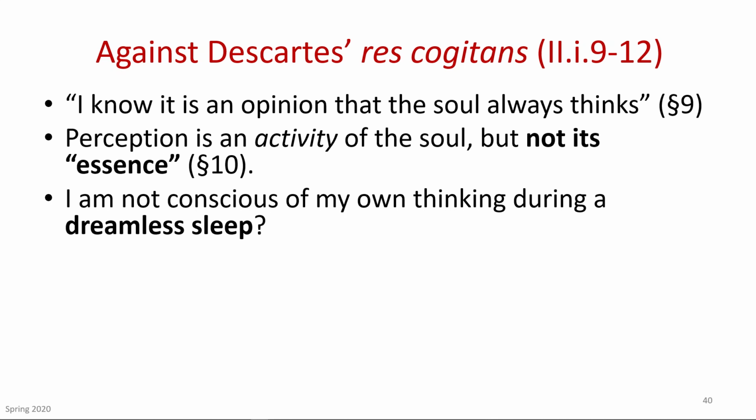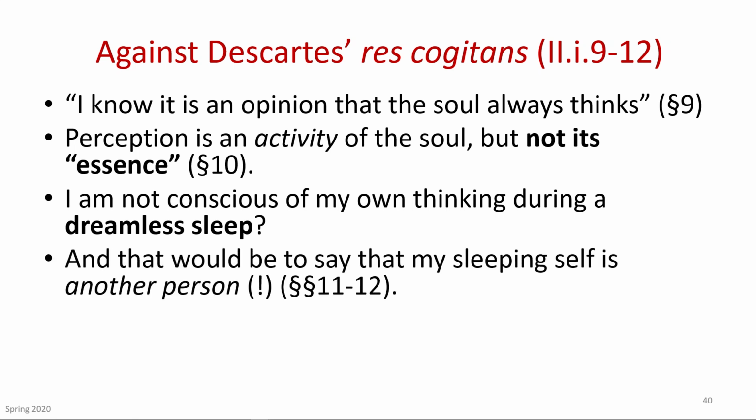And Locke's response to this point is a little difficult to follow, but it also anticipates something we're going to be talking about next week with Locke's account of personal identity. So there's kind of a preview here of Locke's account of personal identity.